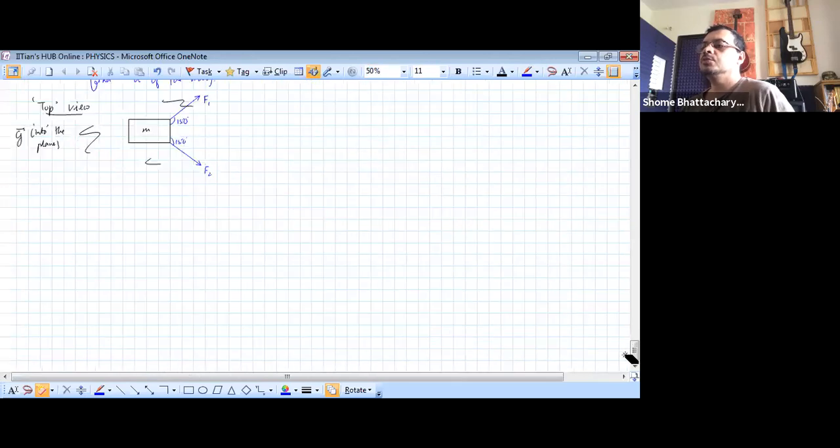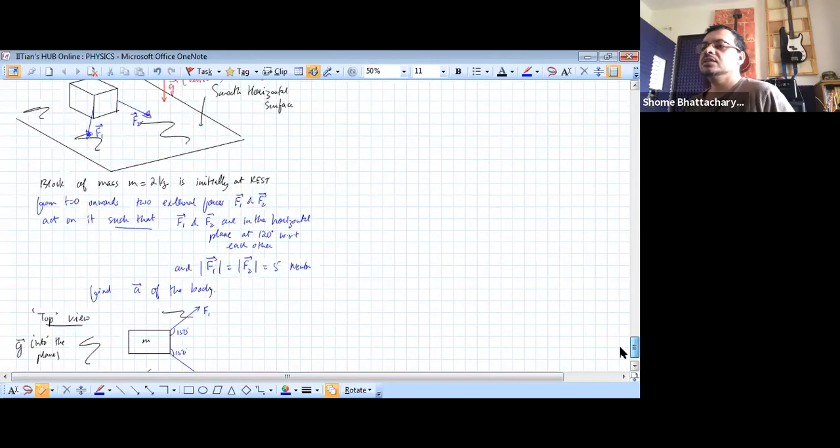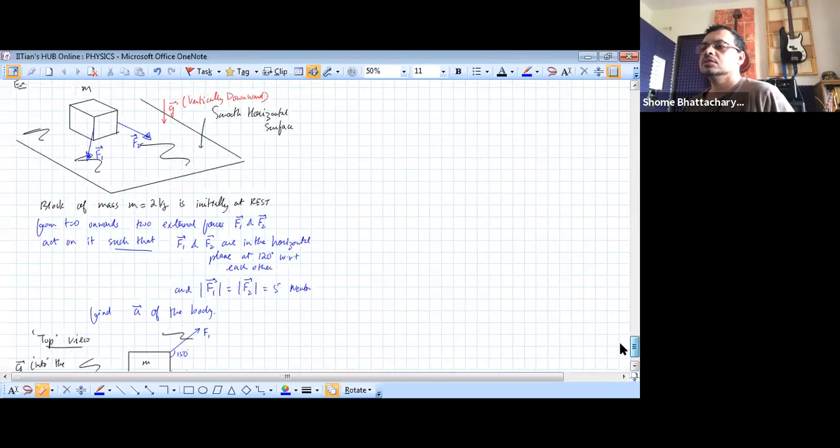So what you have to do in the problem is apply Newton's second law, that the net external force is equal to mass into acceleration. So the forces are 5 newtons each.